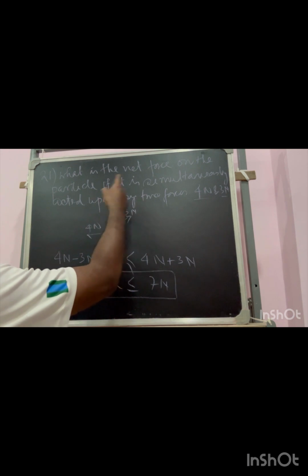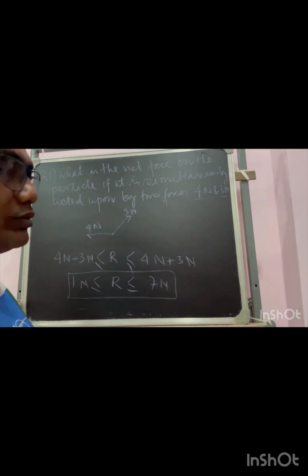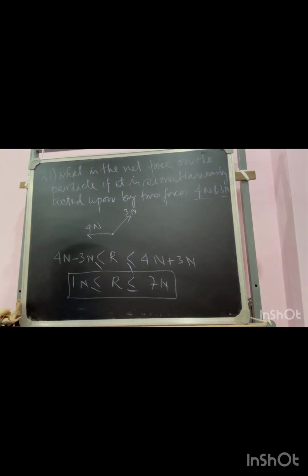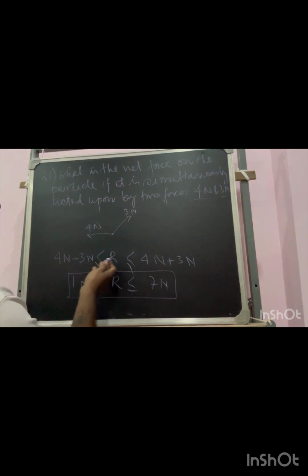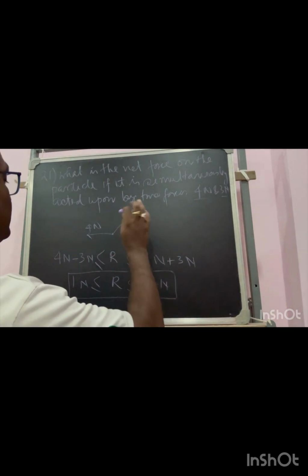So it should not be a single answer, but rather a range of values. That's why I brought up this problem, because confusion may arise on seeing the question, you may think that the angle is not given. If it is not given, what is the range? Then the minimum value could be the difference between the forces, and the sum of the forces is the maximum value. That will be your answer.